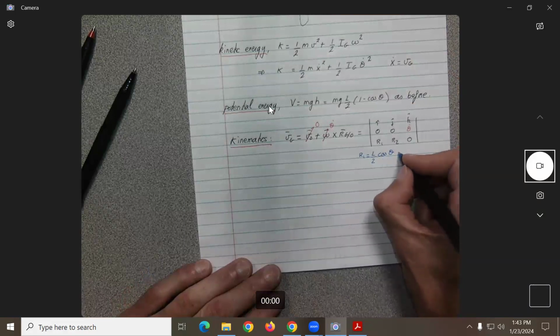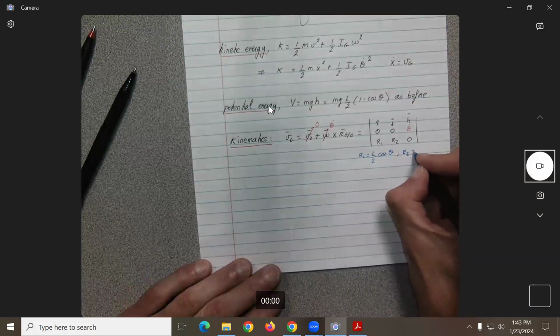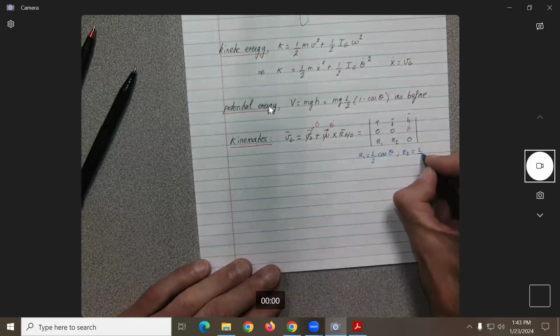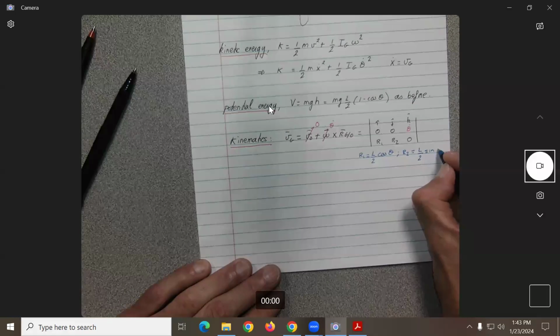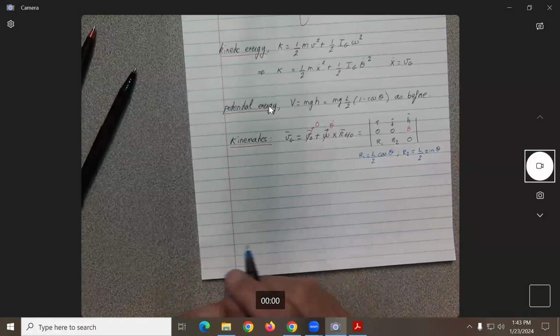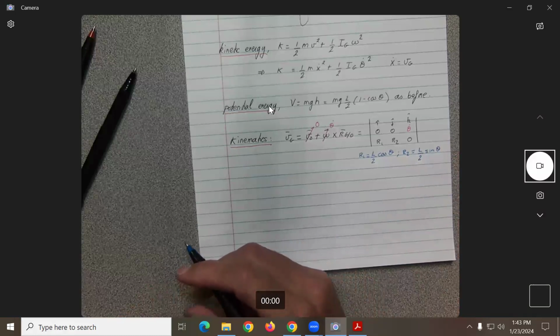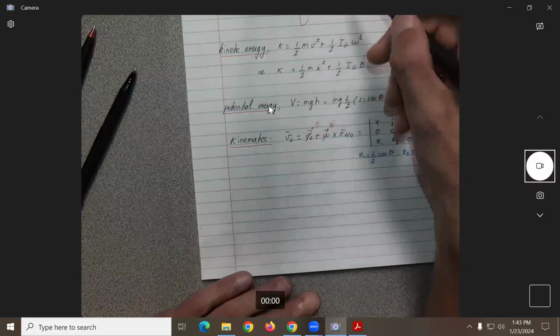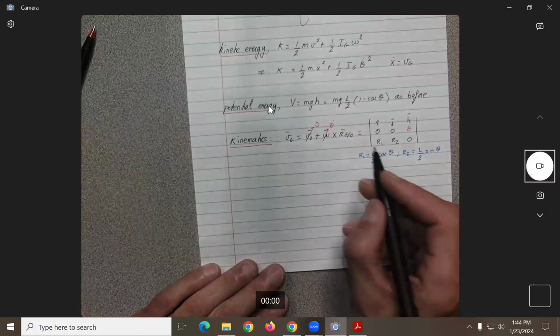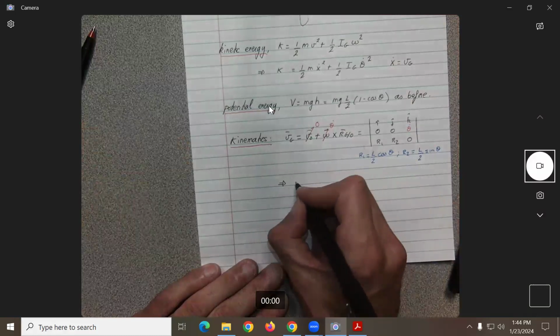And then similarly, what will be R2? L over 2 sine theta. It should be positive, no? I mean, it doesn't matter really. We do all this stuff for a lot of work, which is not going to change too much. So if we now do the algebra for this, what are we going to get?